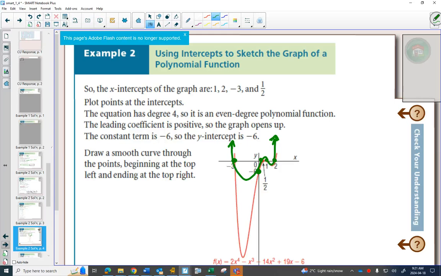Now you want to make your curve smooth, okay? So I'm going to show you what connecting the dots with your curve should be. Smooth. If you start your curve smooth and it's not the right curve, something bad's going to happen.